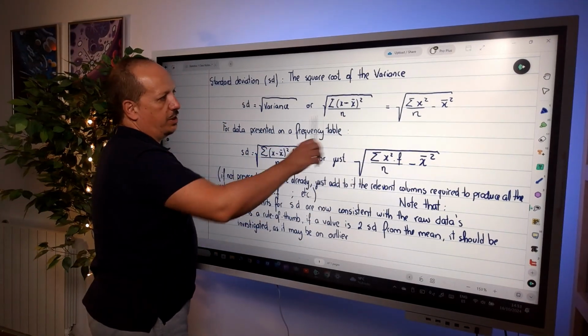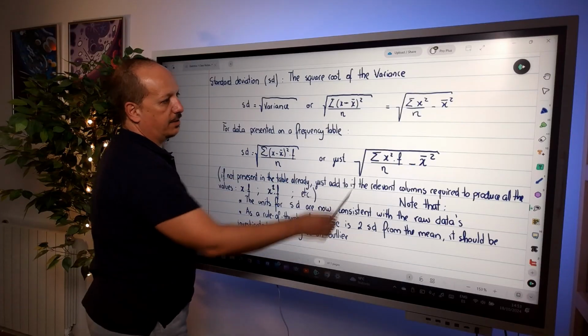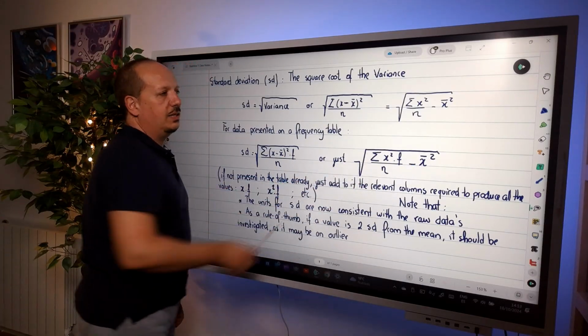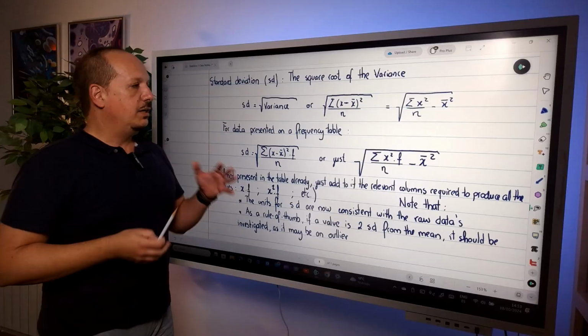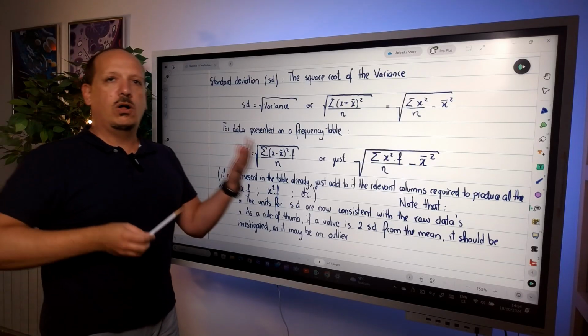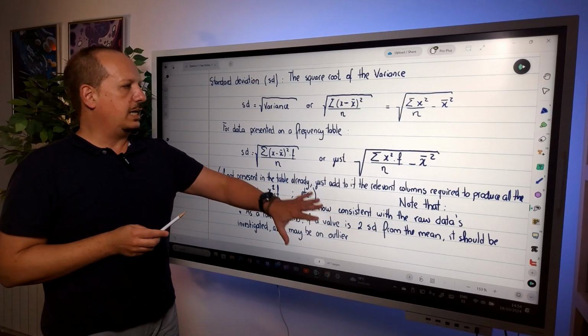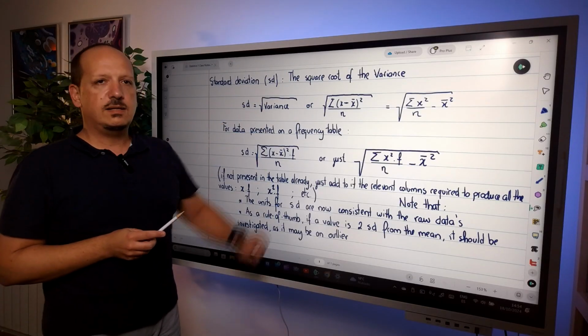You have that for each line, add them all together, and you have this part over here. In a table, you can get all the required information to get both the mean and the standard deviation.